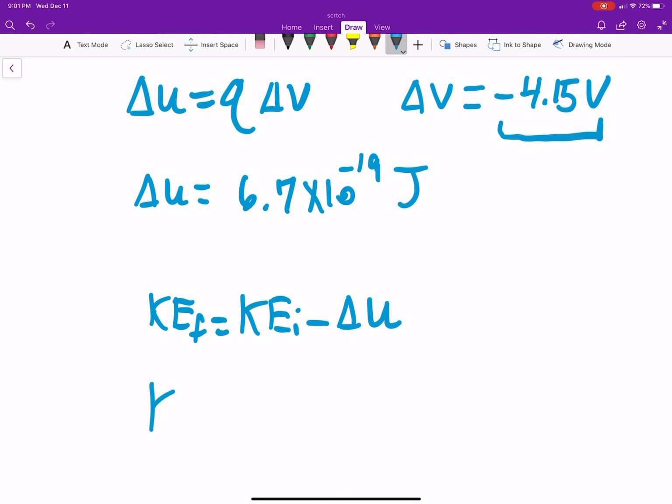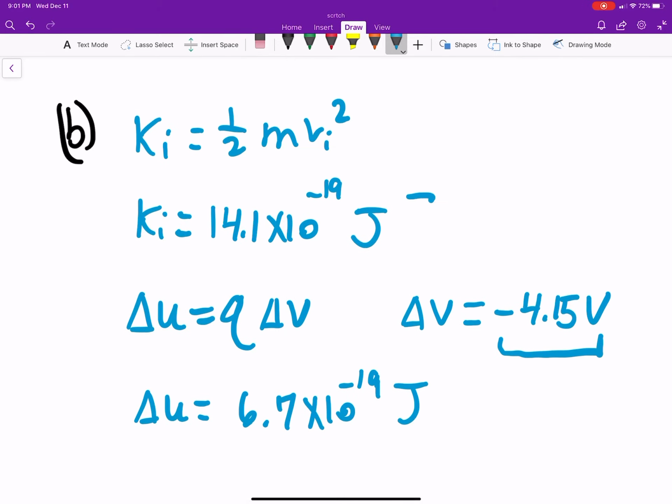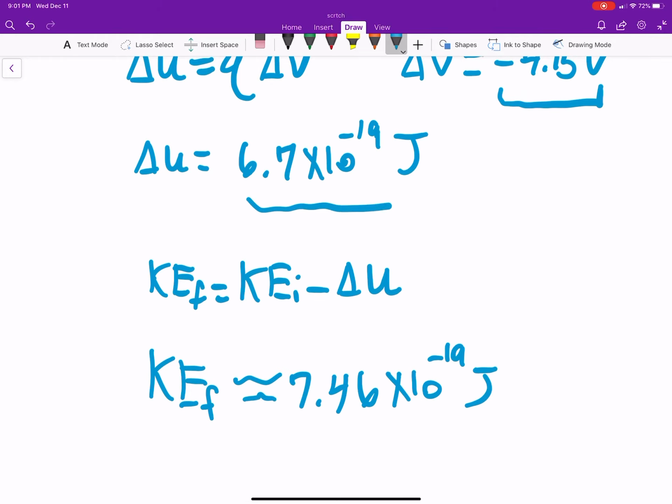And if you do that, you'll get kinetic energy to be about 7.46 times 10 to the negative 19 joules, where we use this for our kinetic energy initial, and this is our delta U.